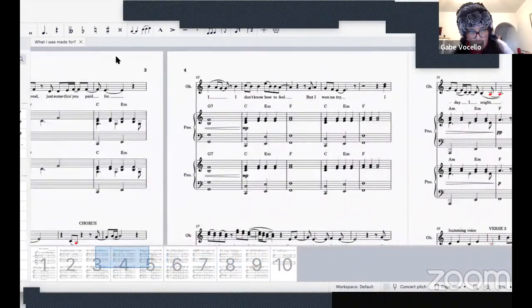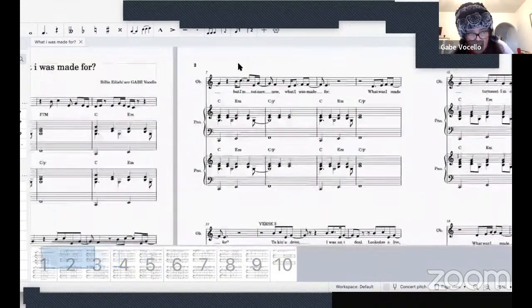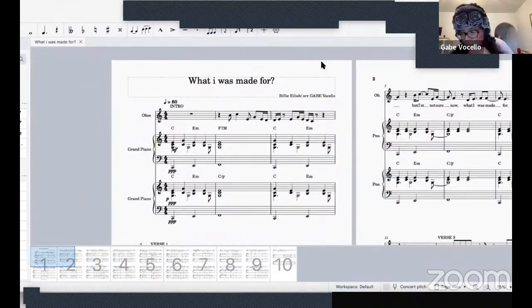You need to have a metronome. There is a free app on the iPhone, at least on the iPhone, called Pro Metronome.